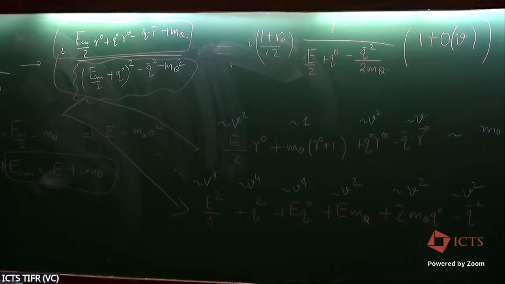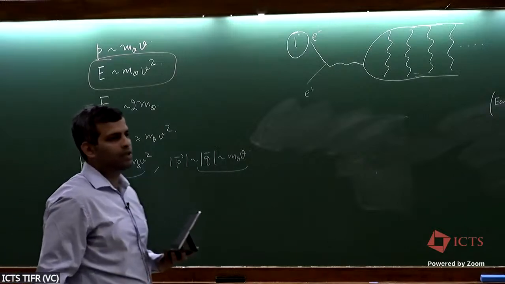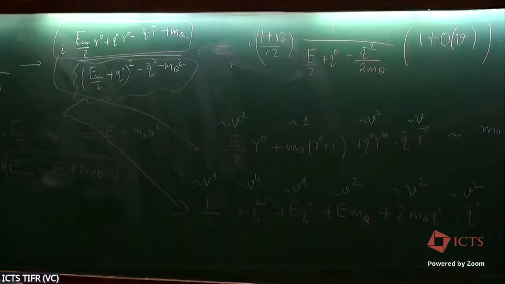You have to assume something like potential gluons. I did not want to use the term. Q0 is V, but the momentum is MV. It's something called potential gluons. You are not exchanging hard gluons, you are exchanging potential gluons.